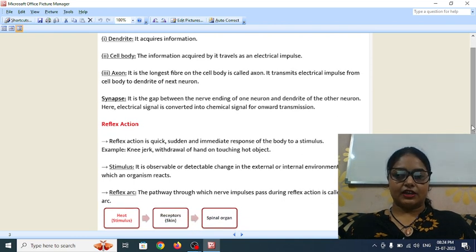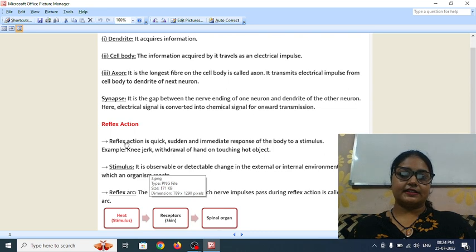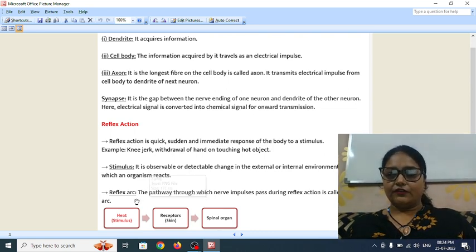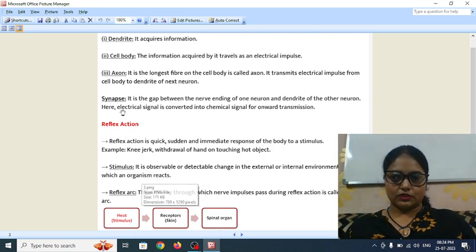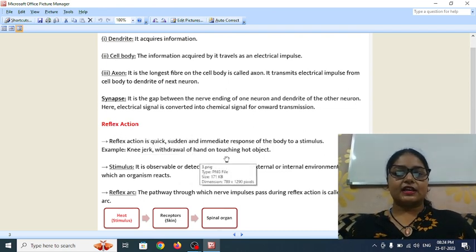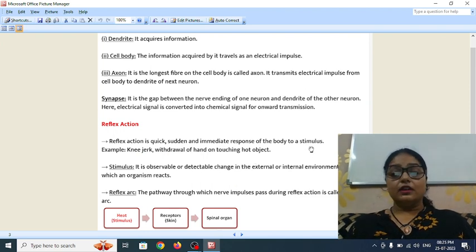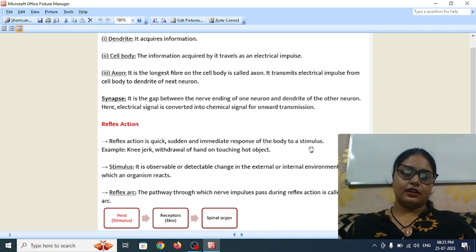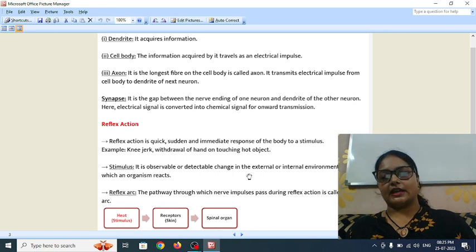Now reflex action. How can we identify a reflex action? Reflex actions are quick, sudden, immediate responses. Like if an iron nail is hurting your leg, you pull your leg back instantly.